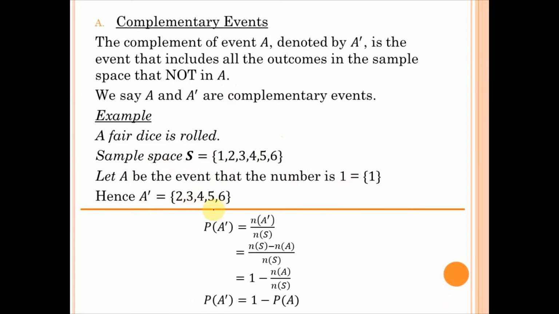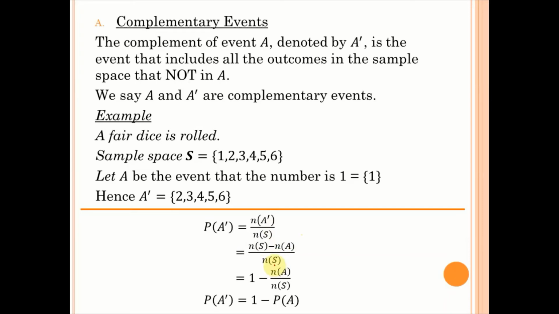Okay, bawah ni I explain a bit lah. So therefore the probability of A prime is n(A prime) over n(S). So kita dah tahu dah ni. Kalau nak tahu, probability is just the number of elements in the event divided by number of sample space. So since we want to find probability of A prime, so number of elements in A prime divided by number in sample space. We know number of A prime is sama juga dengan number of sample space minus number in A. Sebab A dengan A prime adalah complementary.